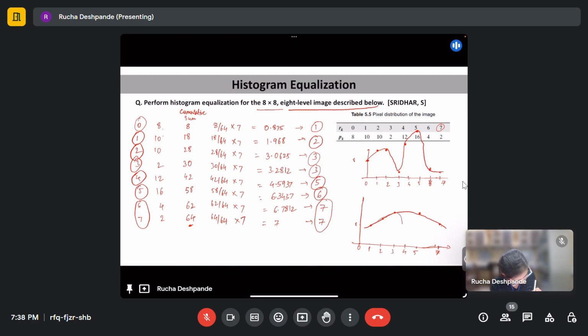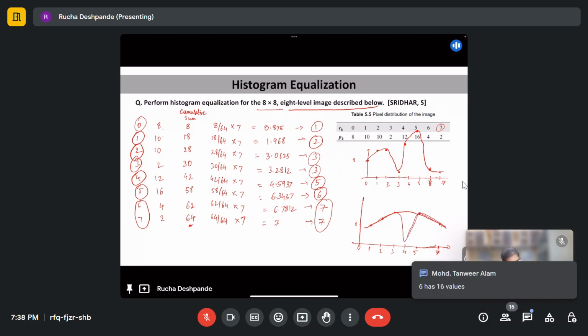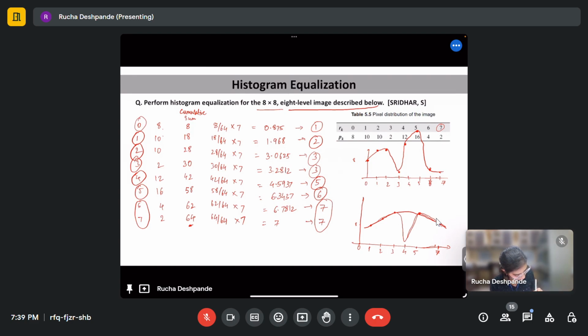So I think this should be like this. But I did not explain this better, I think. Yeah, 6 has 16 values and then 7 has 7.